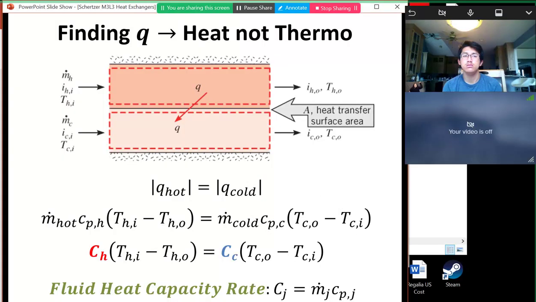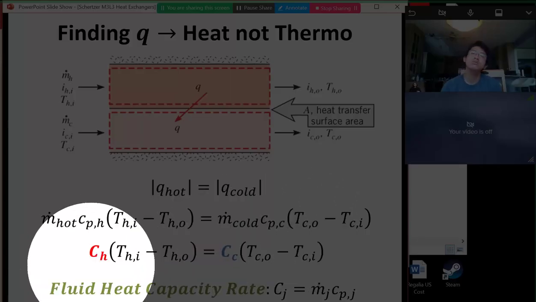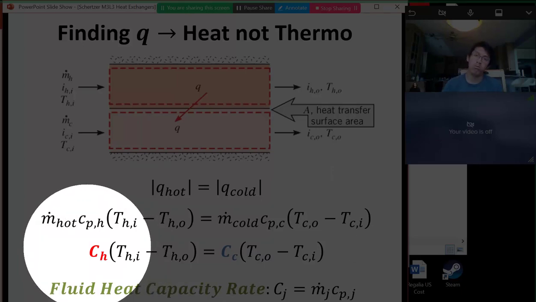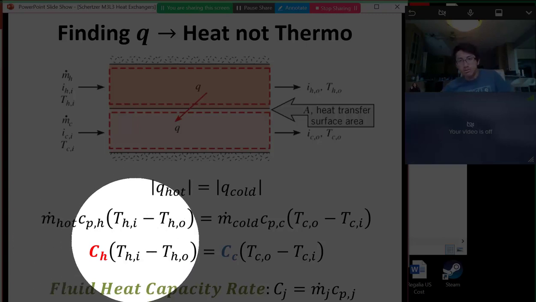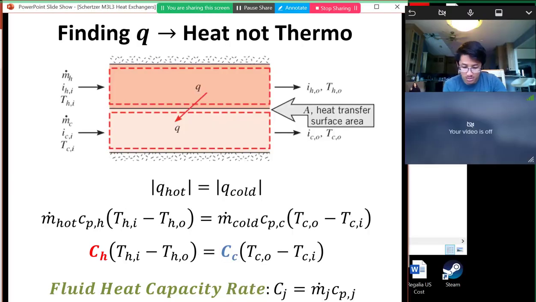Then what we could do is change CH. If we made the mass flow rate bigger, or we increased the specific heat, then we would get a smaller temperature difference. And if m dot or Cp was smaller, then we would expect a larger temperature difference. So that's this fluid heat capacity rate. It's kind of telling us how much temperature difference we're going to need to achieve a given heat transfer.